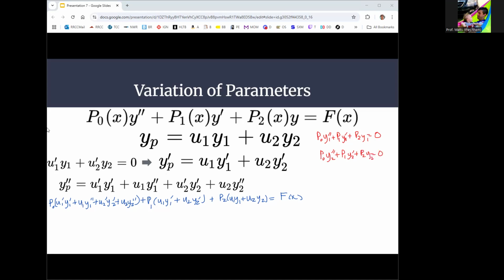And so what you can do is actually rearrange and get these things to appear. Let's use another color for that one.